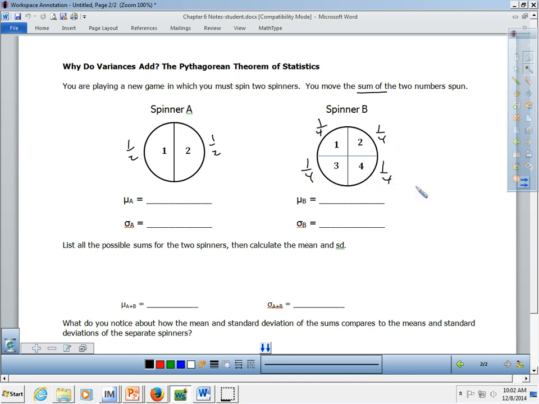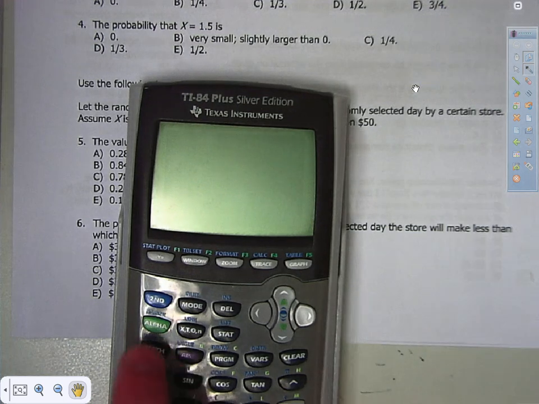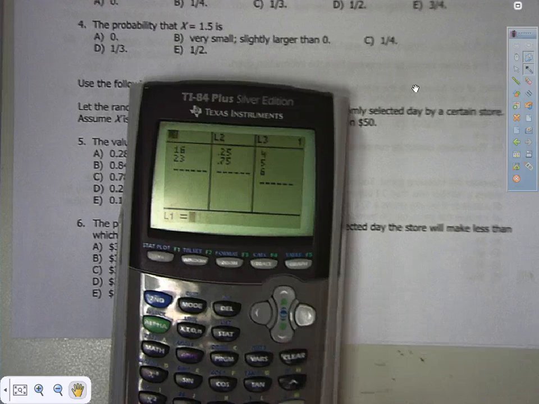All right, let's go through and find the mean and standard deviation of these. And I'm going to continue to use my calculator. Not that this would be very difficult to do by hand, but it's good practice, right? So a couple of lists. I'm going to clear this out.